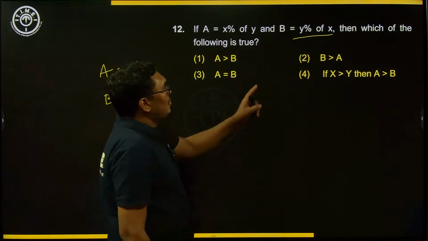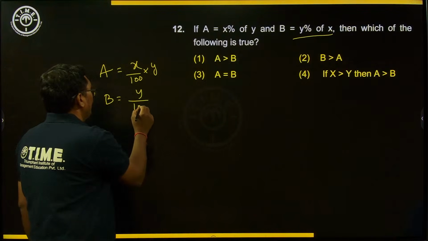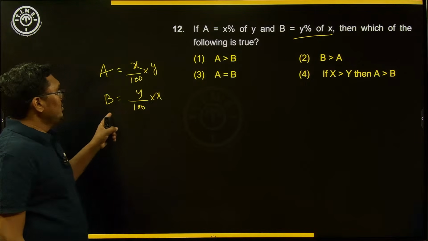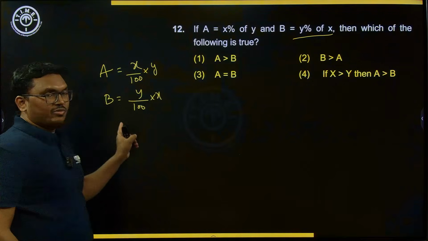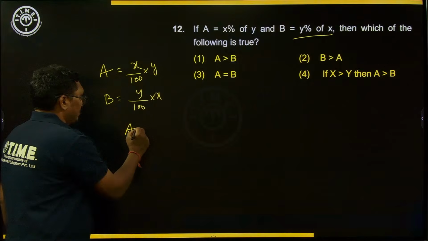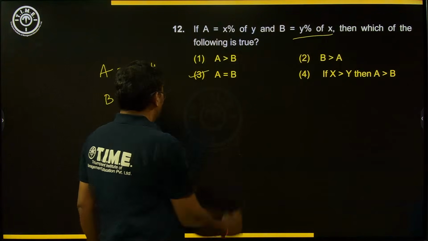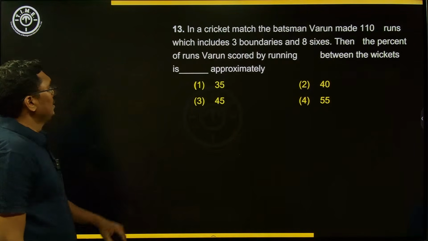B is Y% of X. Simple, Y by 100 into X. So compare these two values. A is XY by 100 and B is XY by 100. That means what? A is equal to B. So this is choice 3, right? Next, we'll see the next question.